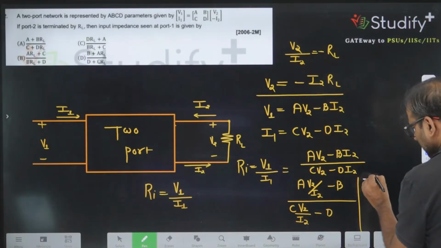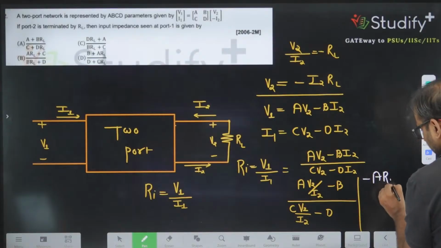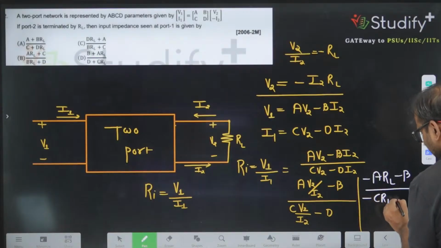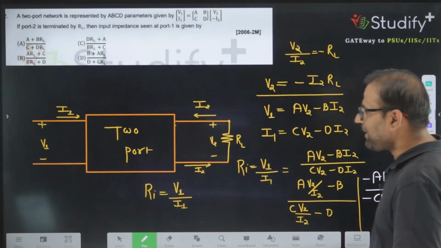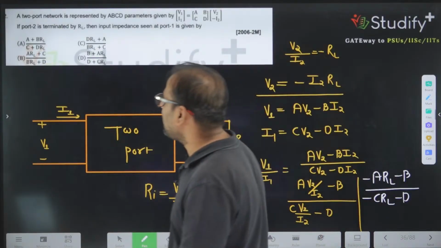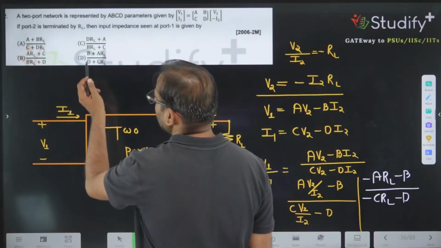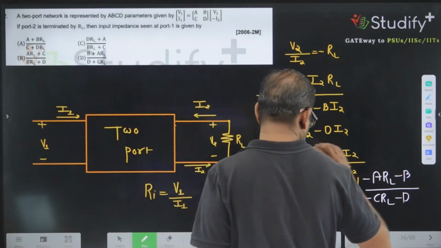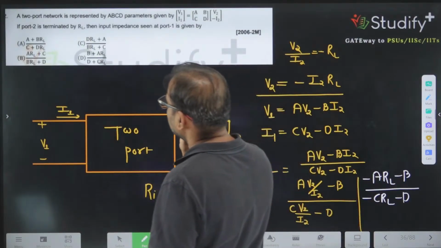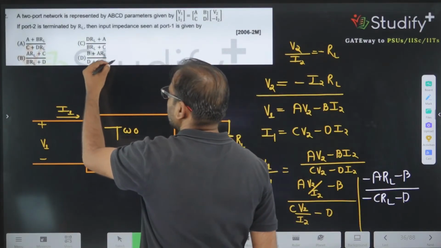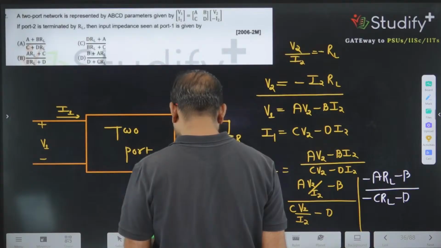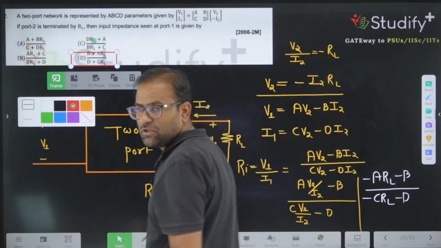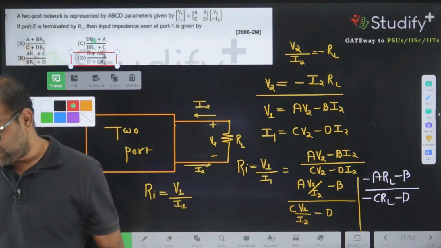So this is minus ARL minus B and this is minus CRL minus D. If I cancel minus sign, ARL plus B and CRL plus D. Which option is correct? The option number D is correct here. This is correct option for the given question.